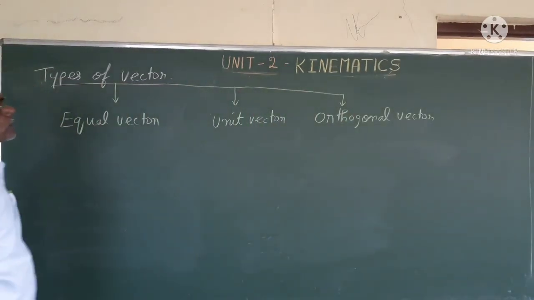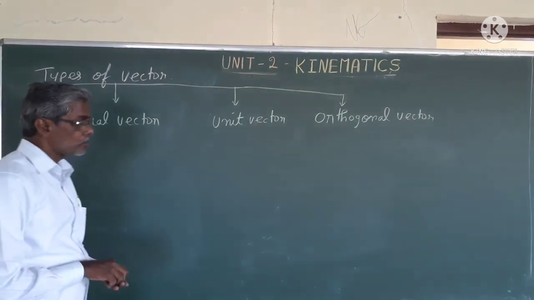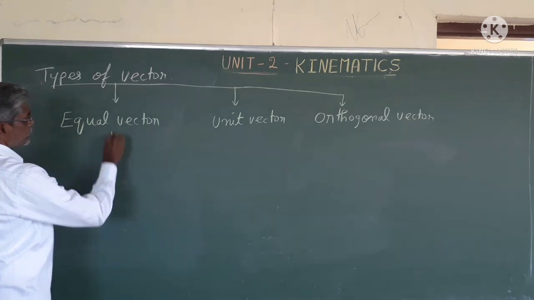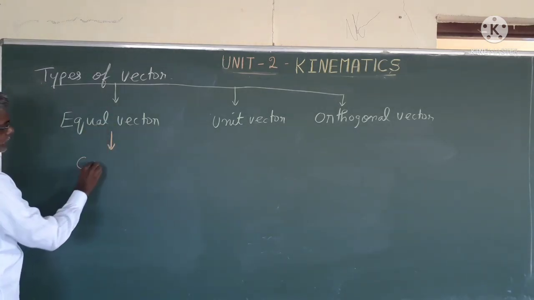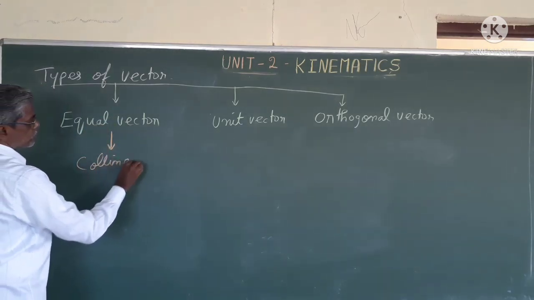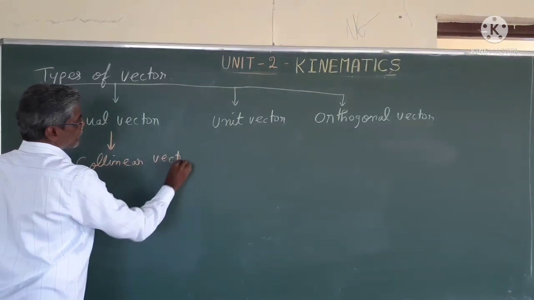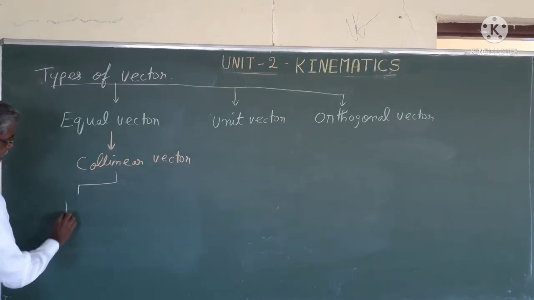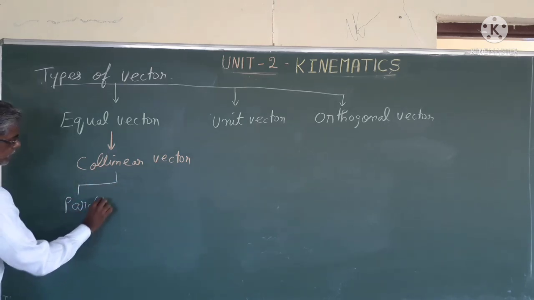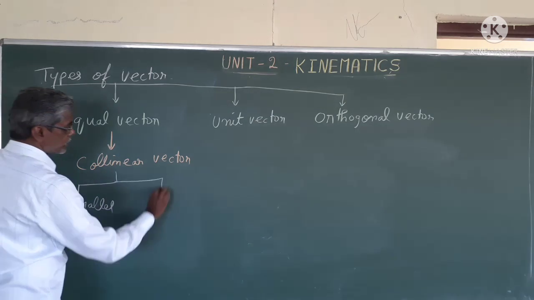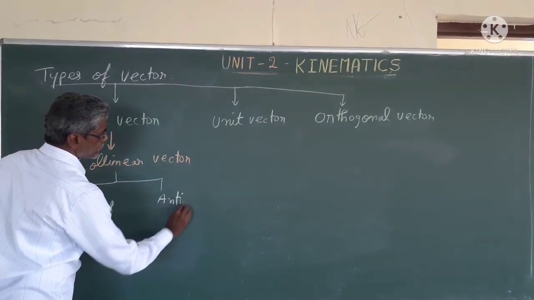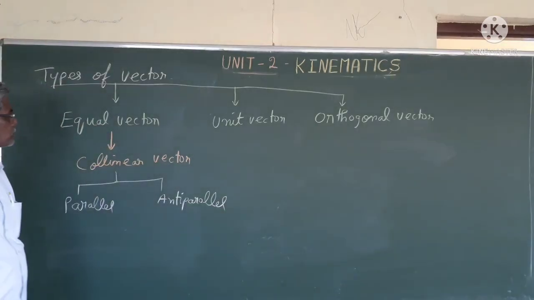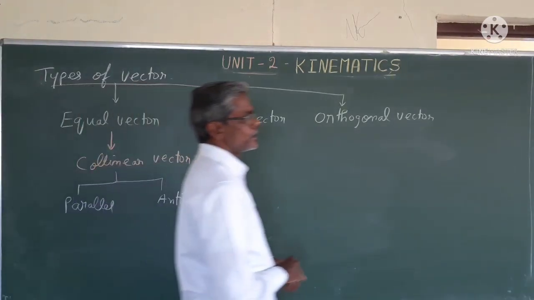This unit vector has a branch, which is the collinear vector. This collinear vector consists of parallel collinear vectors and anti-parallel collinear vectors.